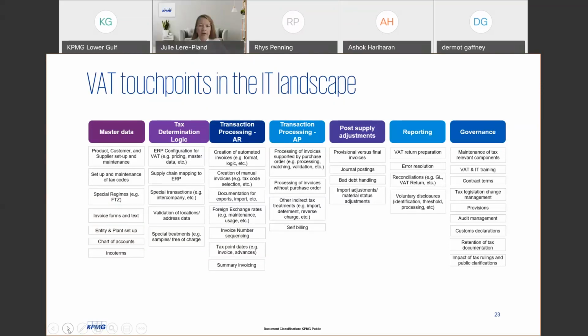What is essential for the financial services sector is that, because of the complexity of exempt and taxable fees, and the fact that in the Middle East the legislation was set out to tax all of the fees from the start, it wasn't even a transition.